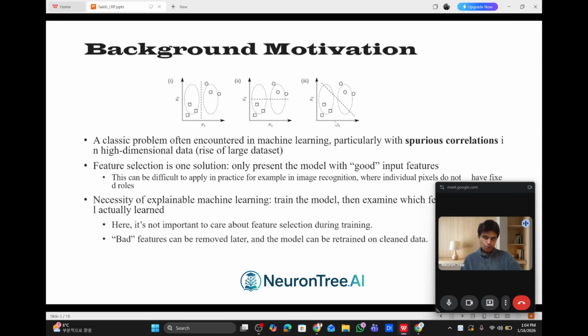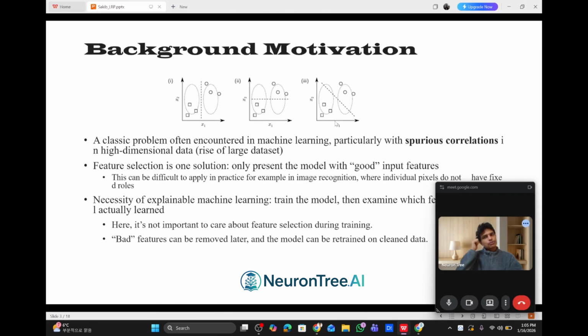So what's the solution? One solution is feature selection. Here we can present the model with only good input features, but in practice it's not easy. For example, in image recognition, individual pixels do not have any fixed roles. What does it mean?